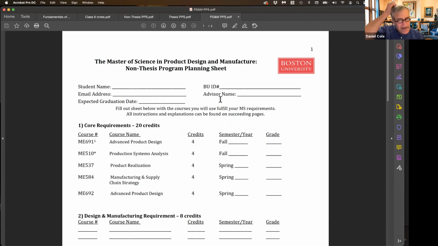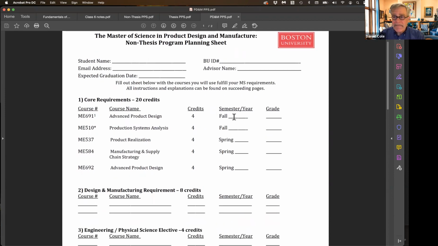So the designers of this program, I was on the committee, by the way, although most of my suggestions were overruled at the time, felt that if you're going to call yourself a product design person in manufacture, you darn well better have certain courses.